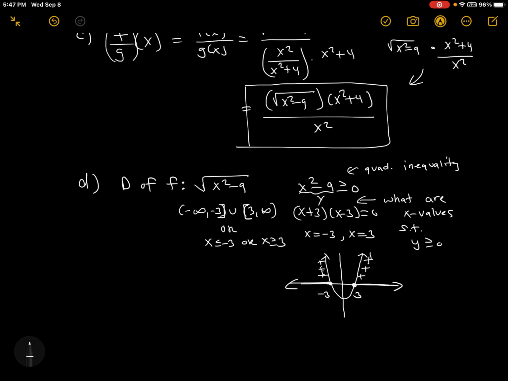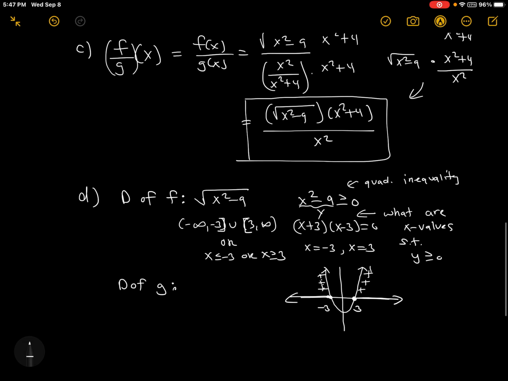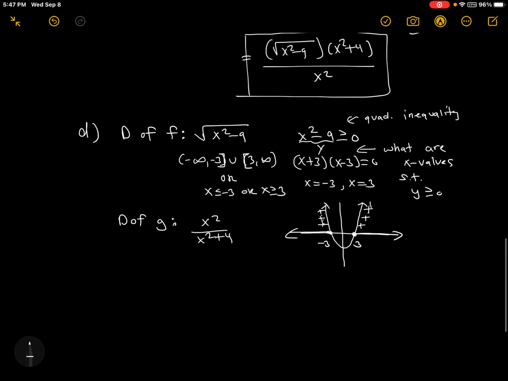What is the domain of g? Now, what was my g function? My g function was x squared over x squared plus 4. The way you find the domain of this is to recognize it's a rational function, and you set the denominator not equal to 0. X squared cannot equal negative 4.